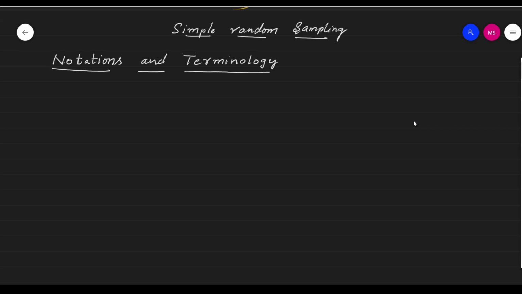First of all, we'll discuss the notation. Let capital Y1, capital Y2, and so on, Yi, and so on, YN, with the capital N population units.